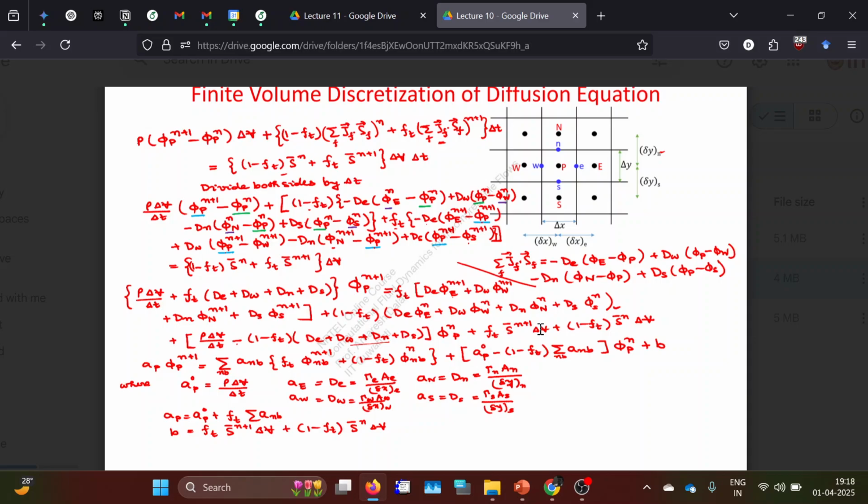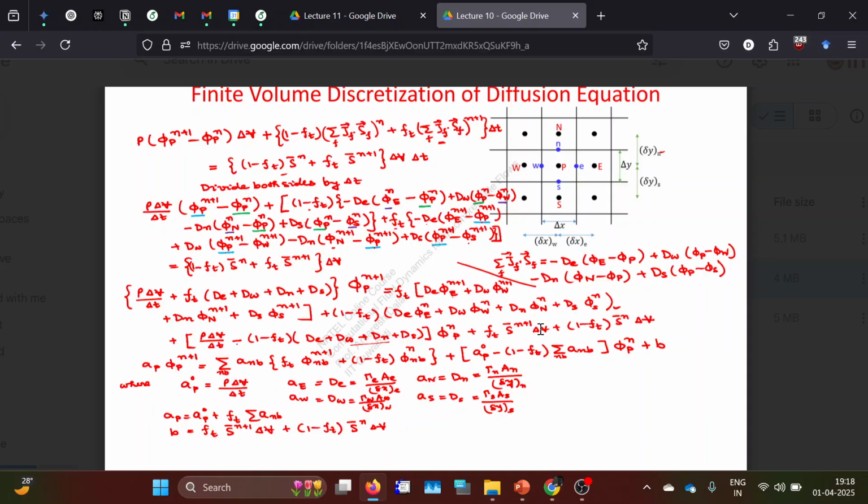I understand. Actually, I had this in my notes. It represents a thermophysical property.